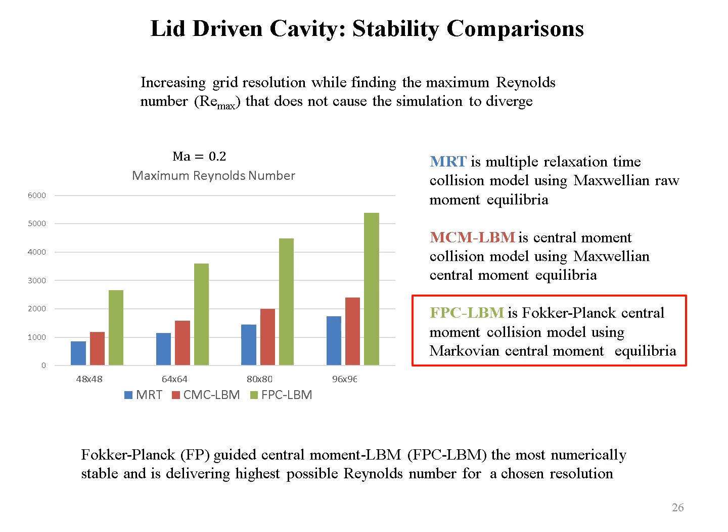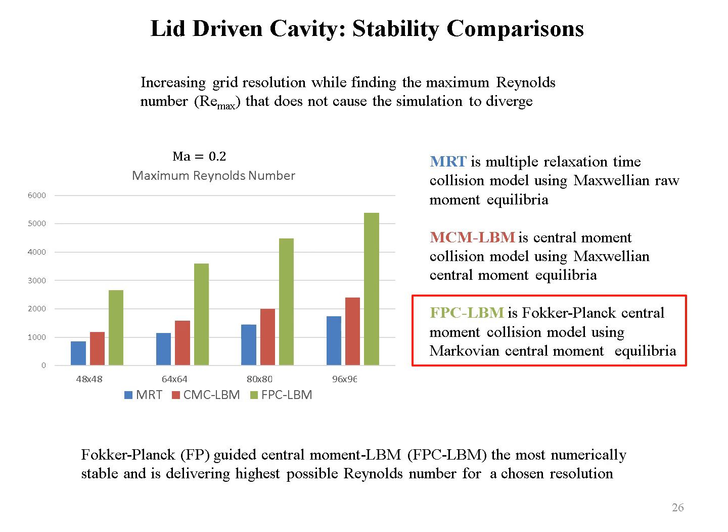Then, to understand the stability features of our Fokker-Planck model, we do a stability comparison using the lid-driven cavity case. We run three different collision models: a raw moment-based collision model and a central moment-based collision model, both using Maxwell's distribution, and we compare our Fokker-Planck central moment collision model with the results from these two models.